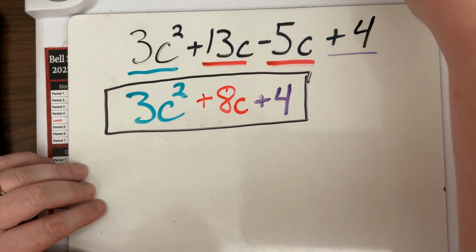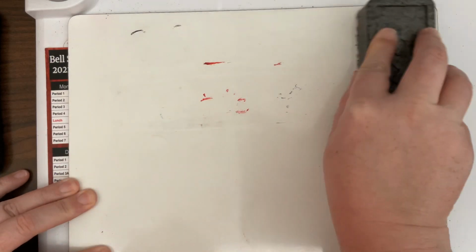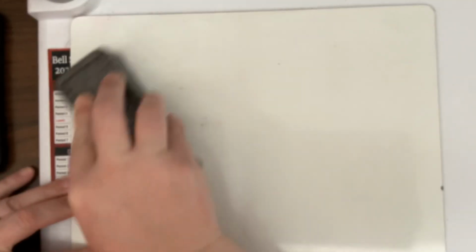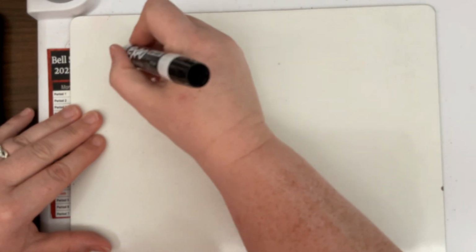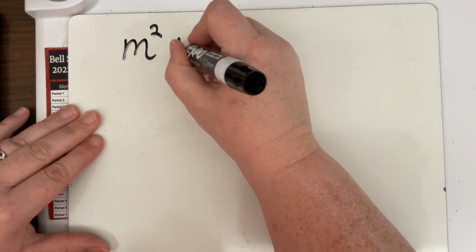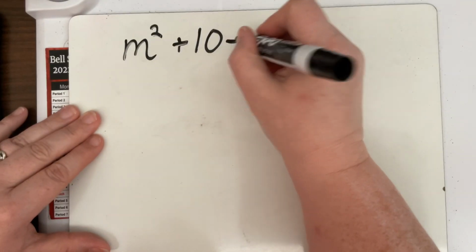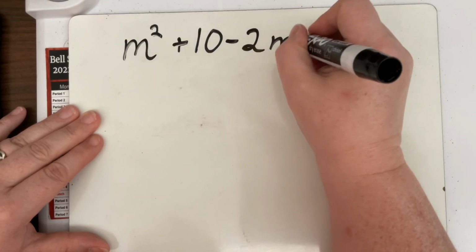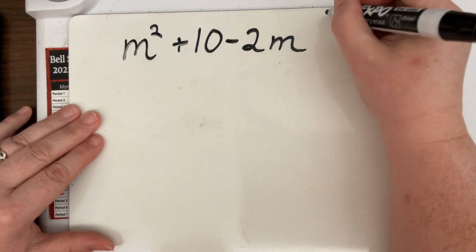Okay, the next thing we are going to do is evaluate expressions. Now remember, this is kind of like the function notation one. It just looks a little less scary. So here we have m squared plus 10 minus 2m. And here we're given kind of the little party trick.